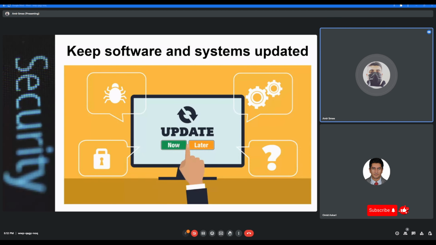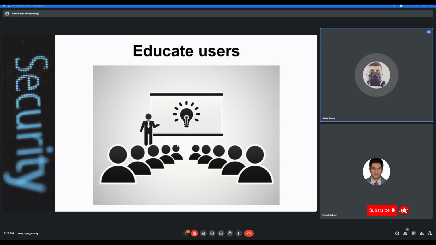Ensure that all network devices and software are regularly updated with the latest security patches to prevent vulnerabilities that could be exploited in IP spoofing attacks. Educate users. Educate employees and users about the risk of IP spoofing and the importance of following security best practices to prevent such attacks.